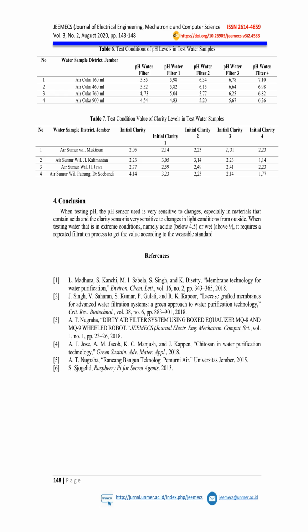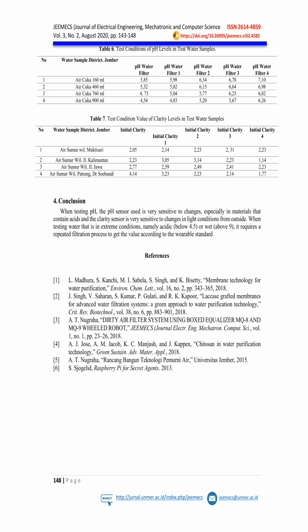Air Sumur JL Kalimantan: 2.23, 3.05, 3.14, 2.23, 1.14. 3. Air Sumur JL Java: 2.77, 2.59, 2.49, 2.41, 2.23. 4. Air Sumur Patrang Dr. Sobandi: 4.14, 3.23, 2.23, 2.14, 1.77.